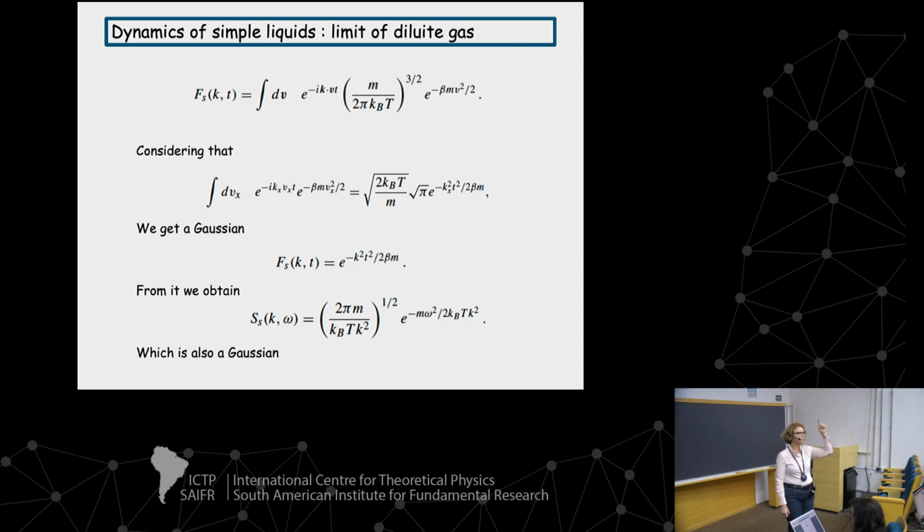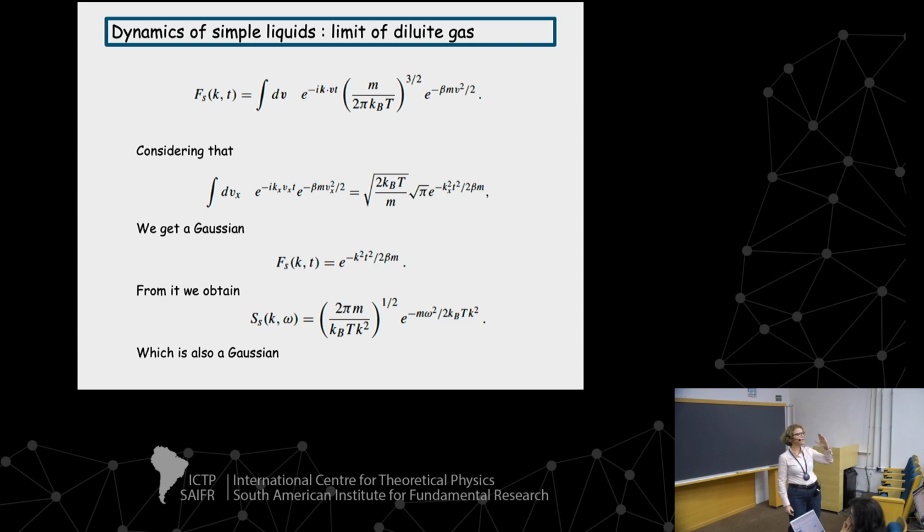Since it's normalized to 1, I will start from 1. So this is a function that always starts from 1, and then it starts decaying, okay? What this is telling me is that in the limit of dilute gas, so until I don't feel the potential of the other particles, I will decay as a Gaussian. Then I will start feeling the potential of the other particles, and we will see how it changes, okay?